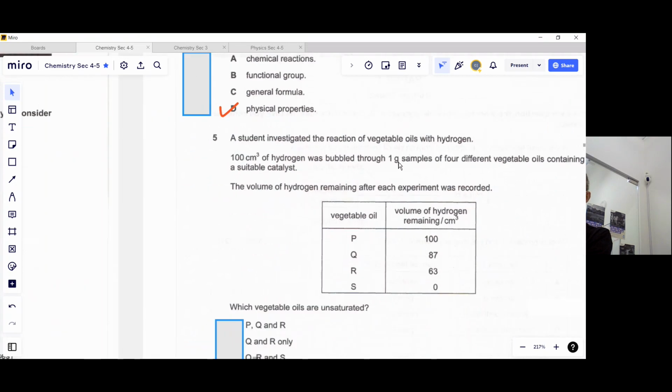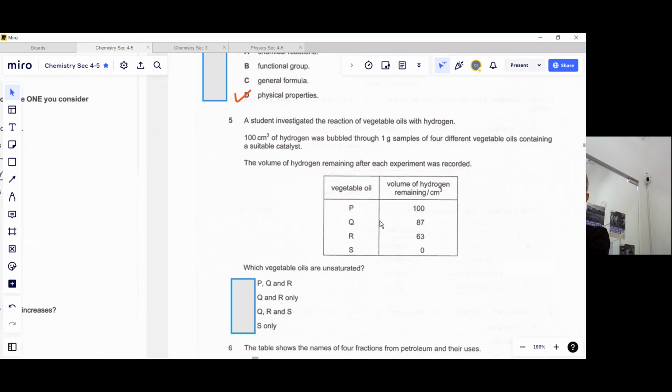Okay, number 5 is a bit harder, but still doable. Charlotte, your turn. D. Charlotte, what did you put? D? D is wrong, right? Yeah, of course. Hey, vegetable oils, guys. If you see vegetable oils, it means it's unsaturated.